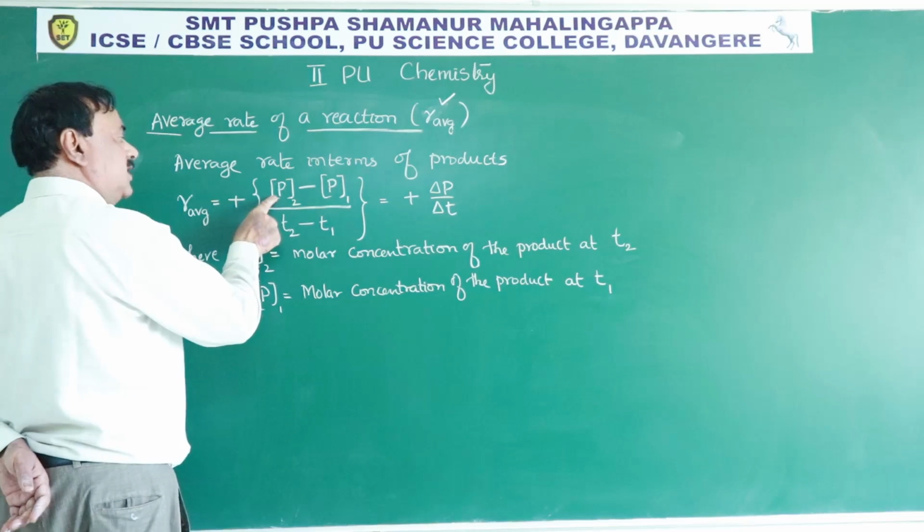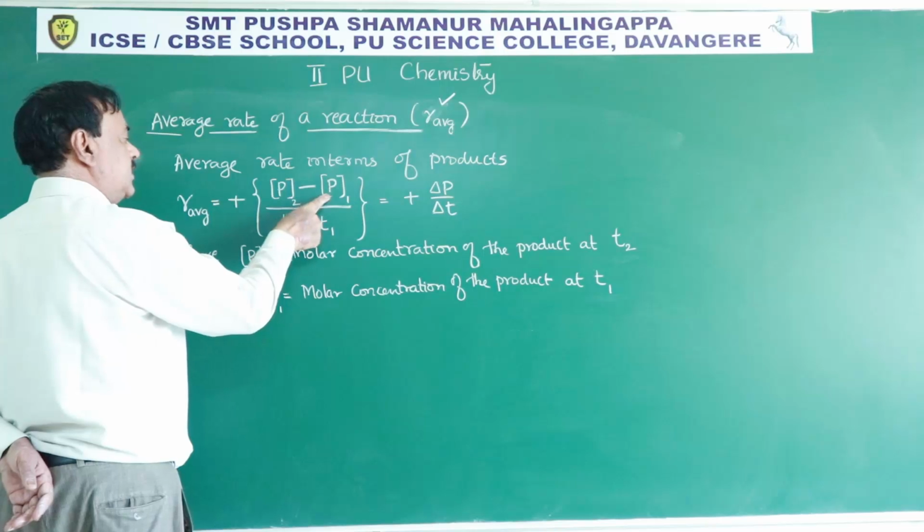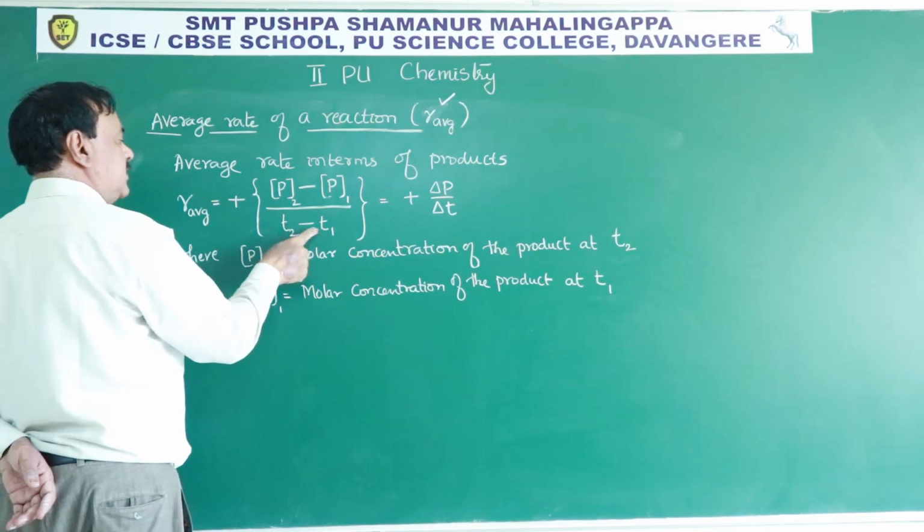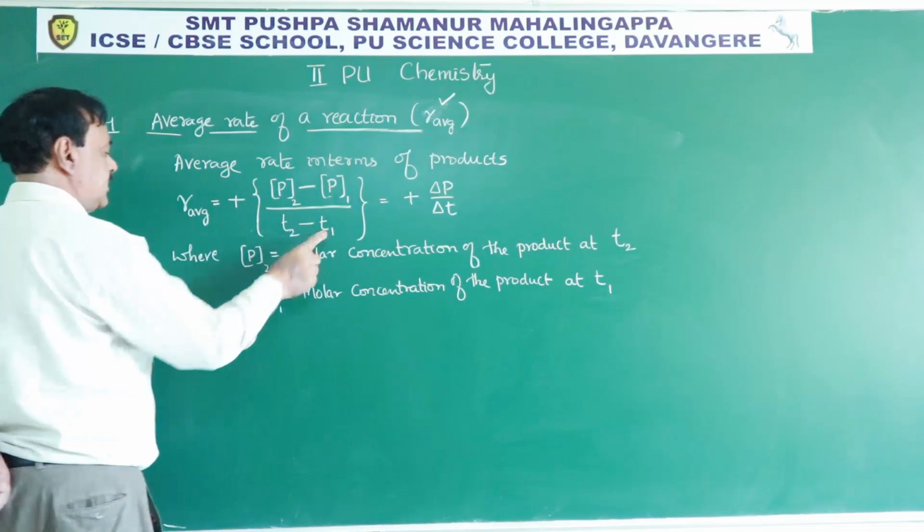Now P2 significance is over, P1 significance is over, T2 significance is over, and T1 significance is over.